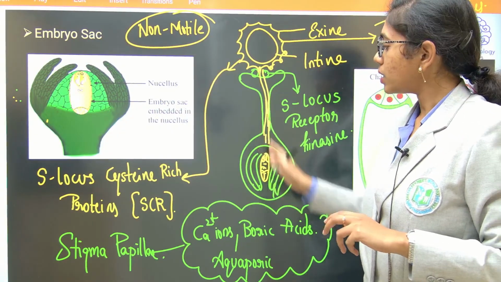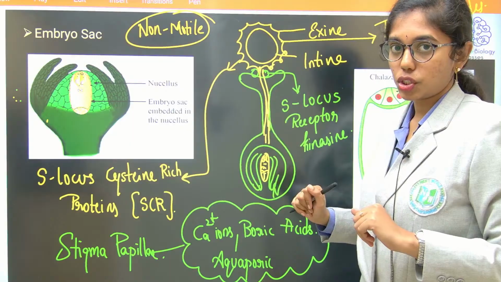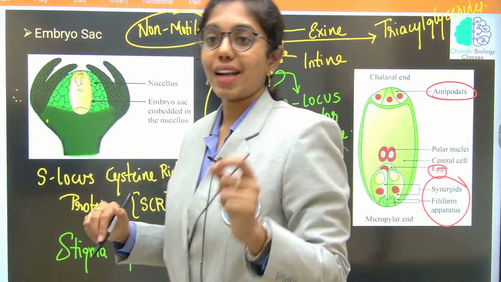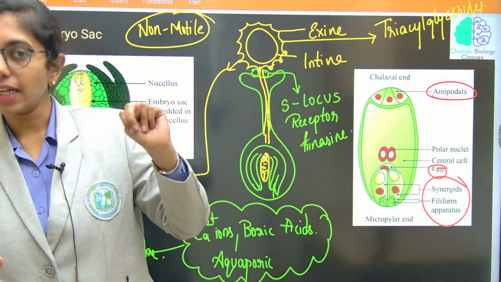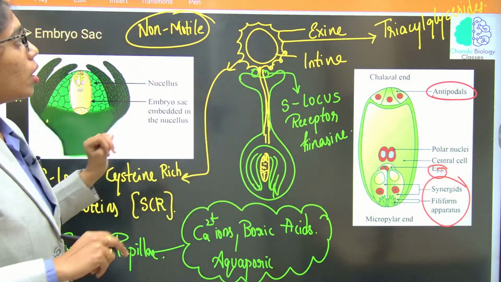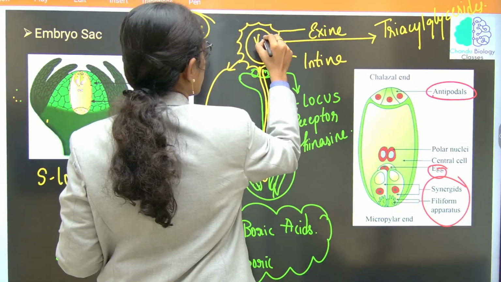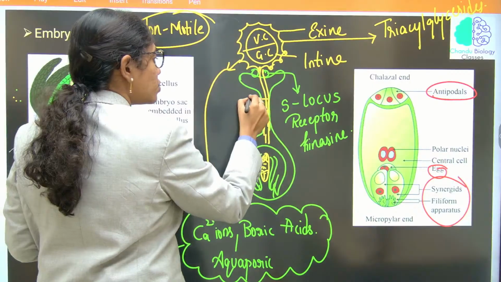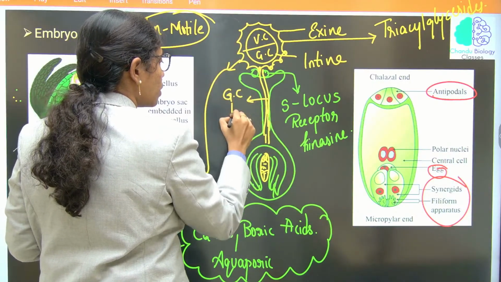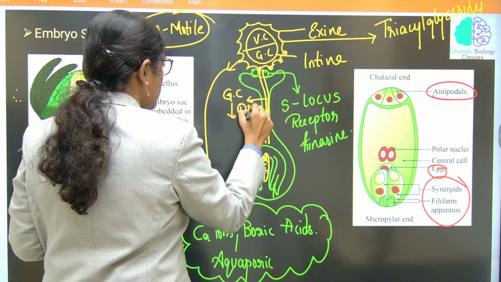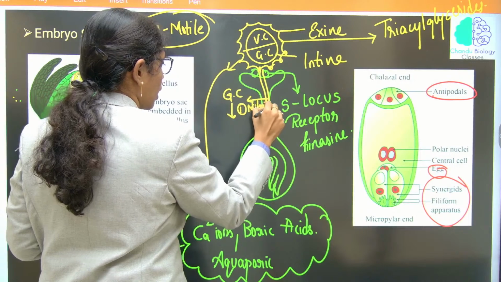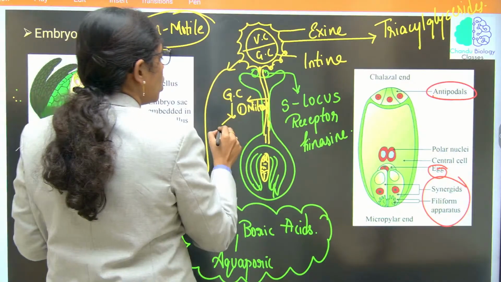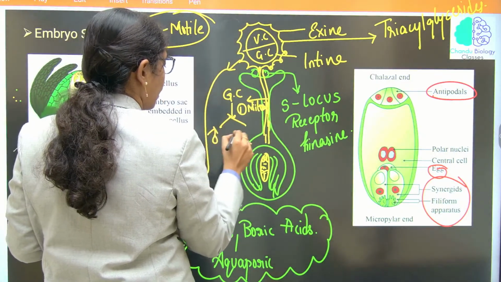Clear, right? This happens before fertilization. And we know in most of the angiosperms, the pollen grain is dispersed in the two-celled condition, so it has a vegetative cell and a generative cell. The generative cell will undergo one more mitotic division all across the style, forming two male gametes.